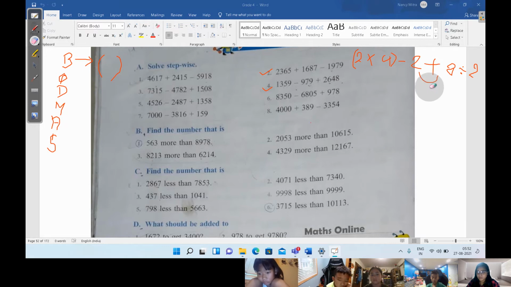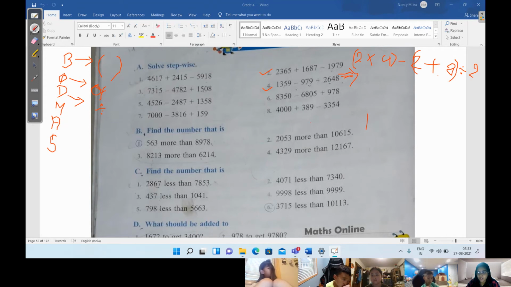So you can see, maybe here I'm taking a bracket. So you can see what the question says to us. B means bracket, O is for of. O means of. And D is for division. D means division.